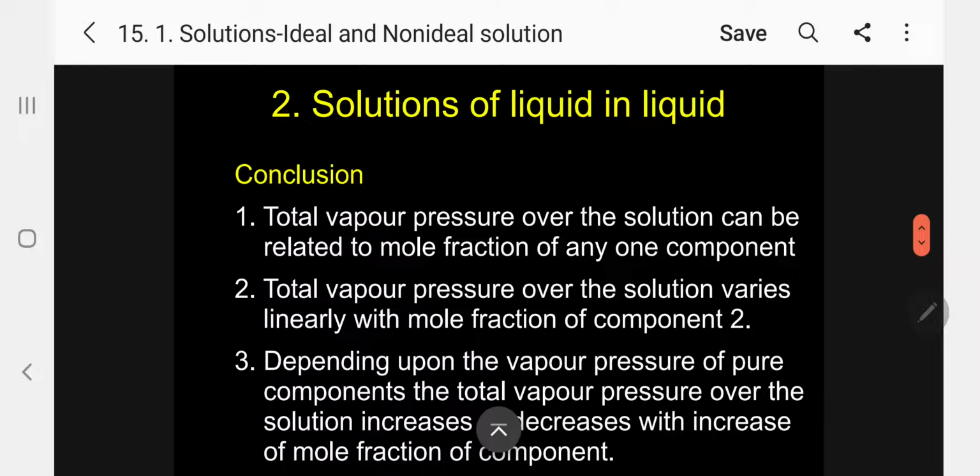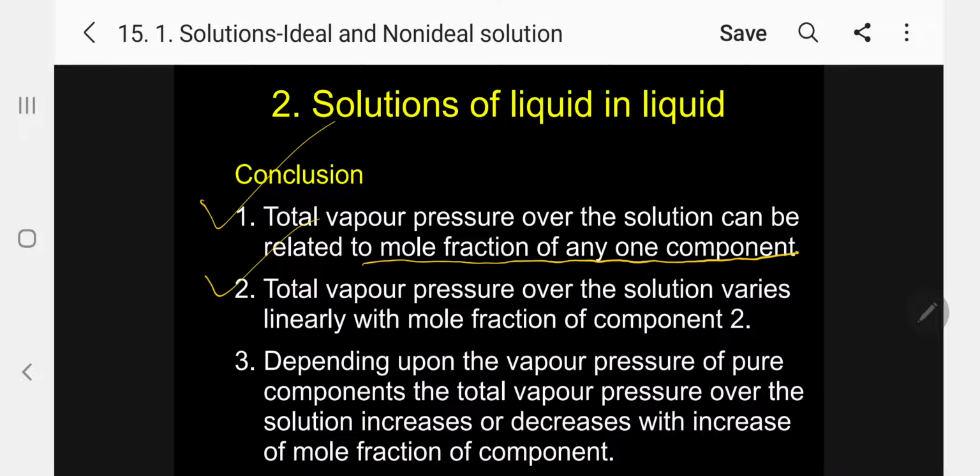Now, let me come back. The conclusion about this solution. Number one, the total vapor pressure over the solution of liquid can be related to the mole fraction of any one component.